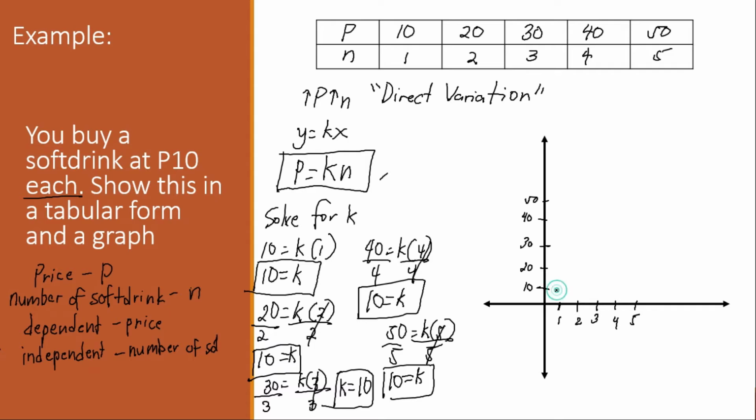So, let us try to graph 1 and 10, 2 and 20, 3 and 30, 4 and 40, and 5 and 50. And then, connect the dots. So, ganyan yung itsura ng ating graph for the direct variation. Pa-diagonal siyang itsura ng ating line.